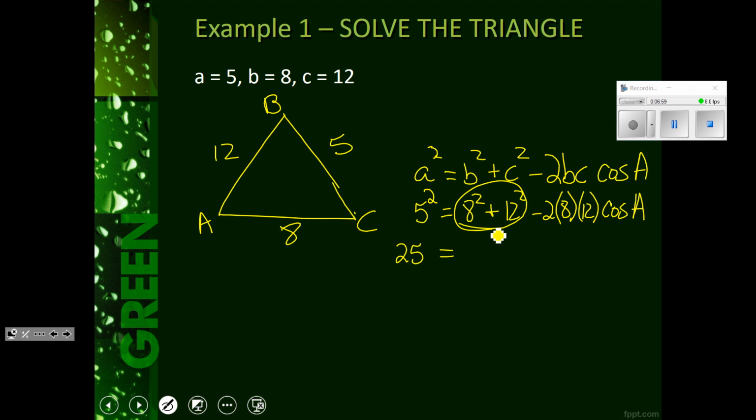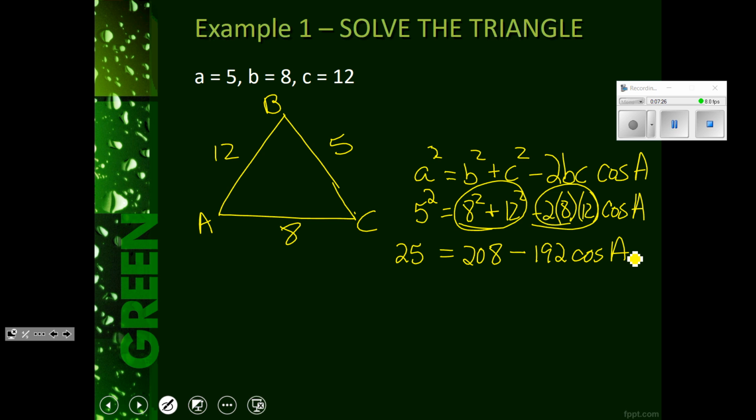208? Okay, so 208 minus, go ahead and let's multiply 2 times 8 times 12 together. 192, thank you very much, times the cosine of A. Okay, so if I want to get A by itself, what am I going to do to solve for this?